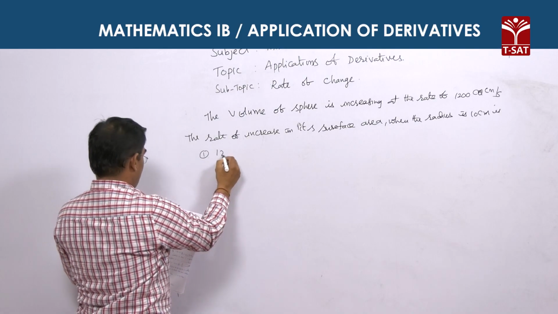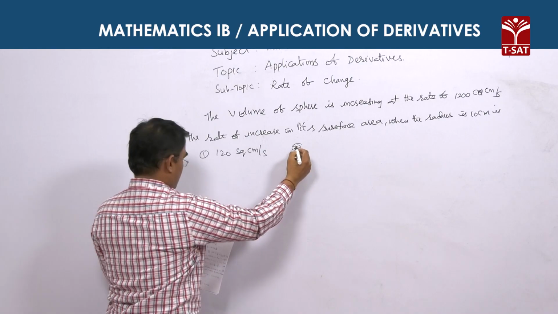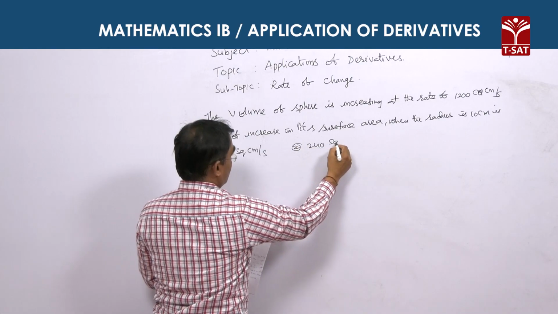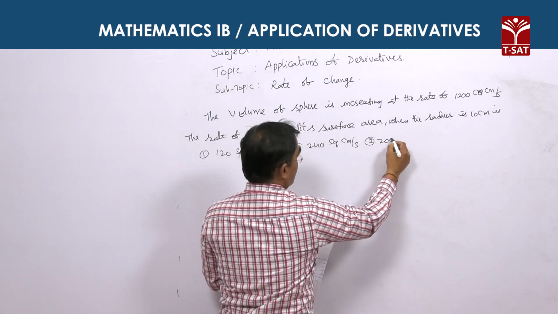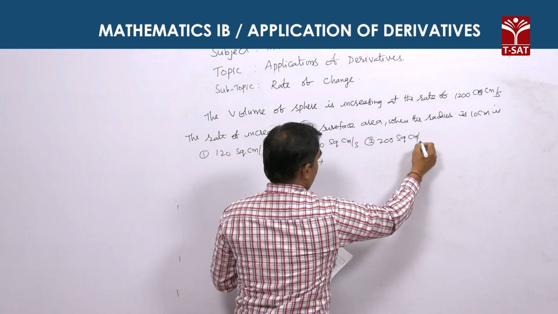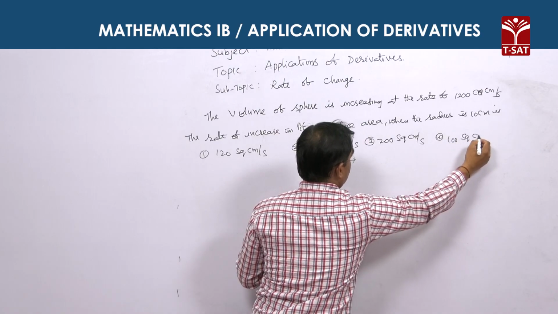First response is 120 square centimeter per second, second response is 240 square centimeter per second, third response is 200 square centimeter per second, fourth response is 100 square centimeter per second.